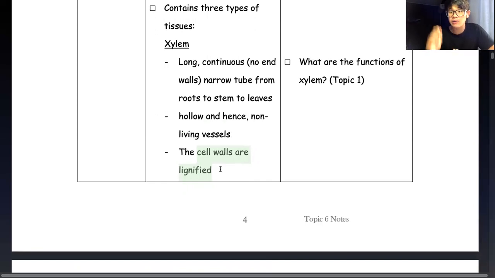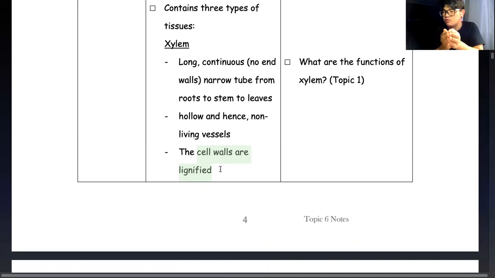Lignified, apa maksudnya? It means that the walls are deposited with lignin. So lignin is macam semen. Okay, so xylem ia kena bagi semen arah tube-nya tu. Supaya apa? Supaya kalau ia mentransport water, straw-nya tu macam kalau straw biasa kamu sedut, kadang-kadang ia terkemut.